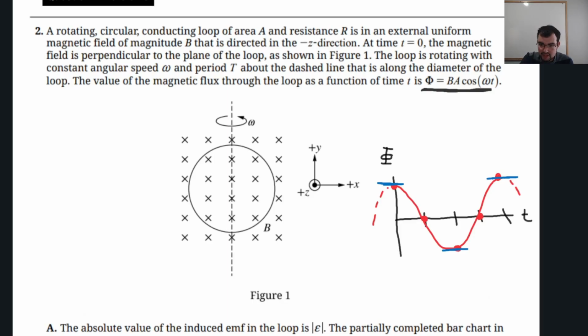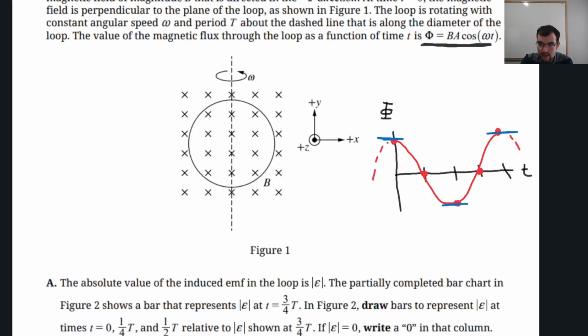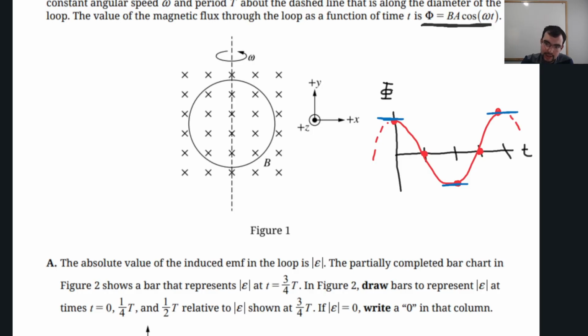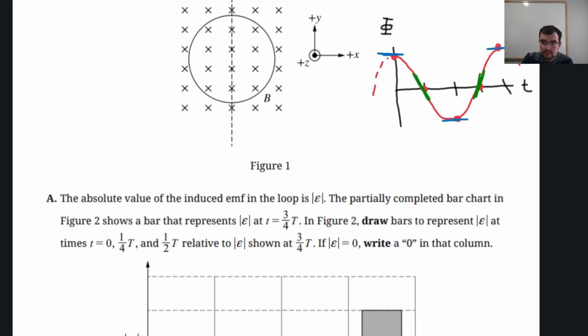Yes, I have maximum flux, but I don't have maximum flux change. But where we do have maximum flux change would be at this inflection point. Is this an inflection point? No, it's not. We'd have maximum flux change where we can take the slope right here.